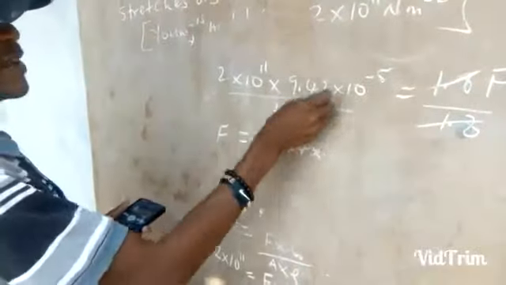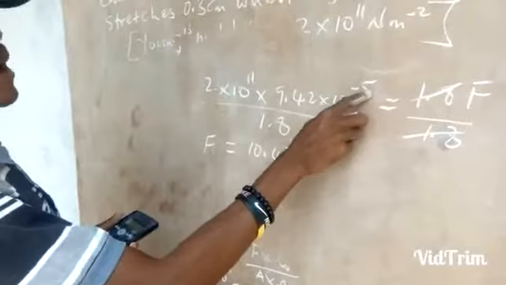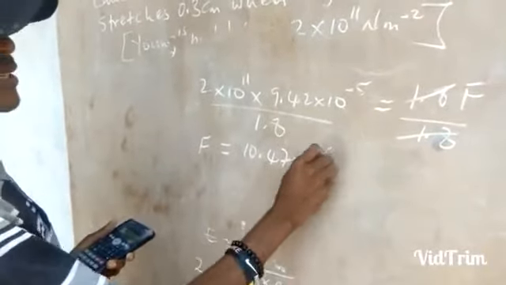By the law of indices, when the bases are the same, you just take one of the tens and add the powers. Minus 5 plus 11 becomes 6. The tension is 10.47 times 10 to the power 6 newtons.